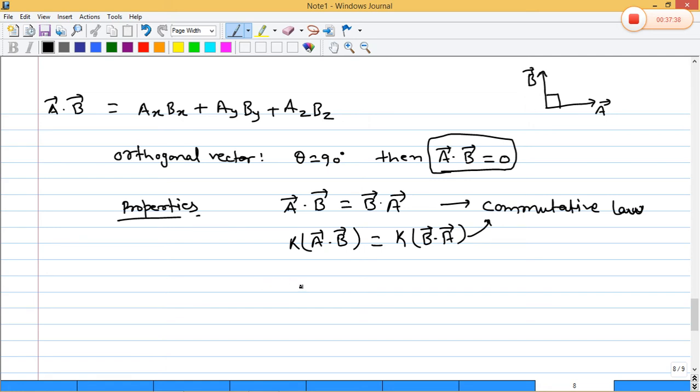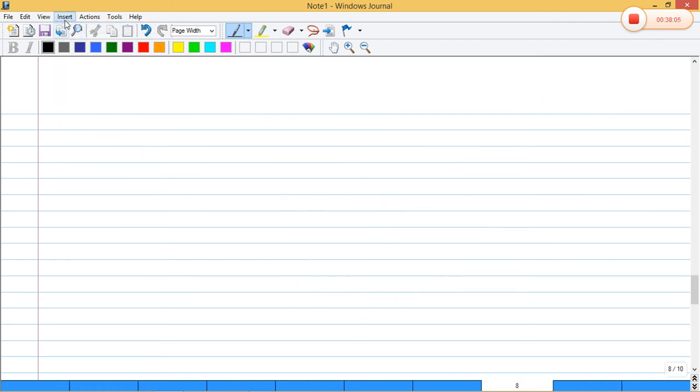Now the second one is, if A dot A is there, then what will happen? Its magnitudes are multiplied and the direction factor will be cos 0, which is 1. So it is magnitude squared, meaning A square. I have already shown this, no? Okay, so these are about the dot product. Now we will go to the cross product.